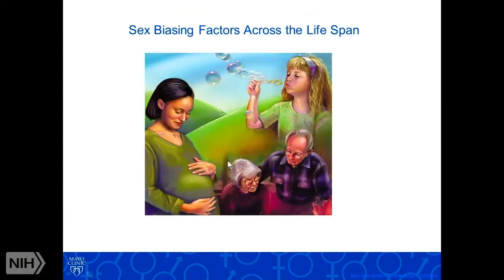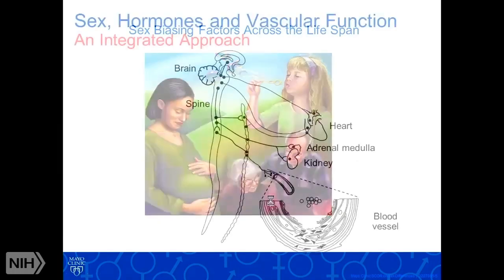So when we're talking about basic molecular mechanisms which contribute to health and disease, it's a given that these systems may not be the same in men versus women, and vary across the lifespan given changes in the hormonal environment.